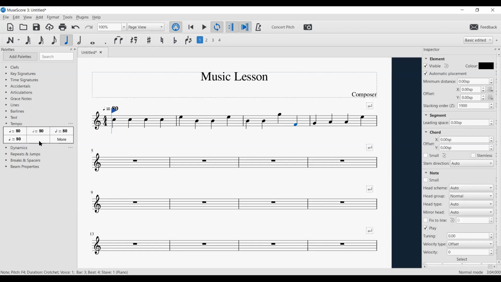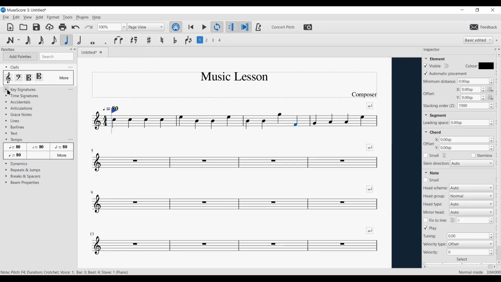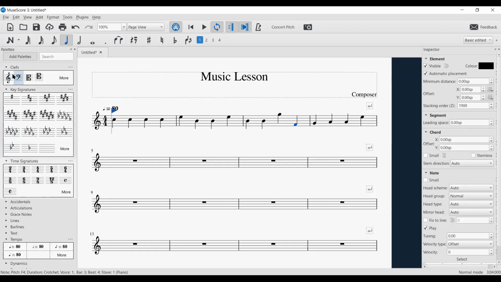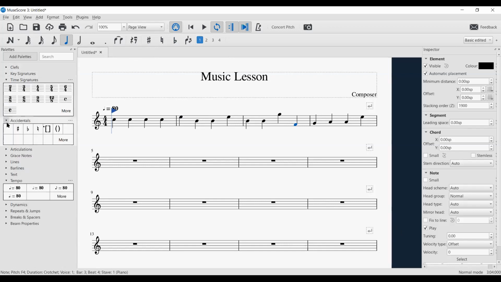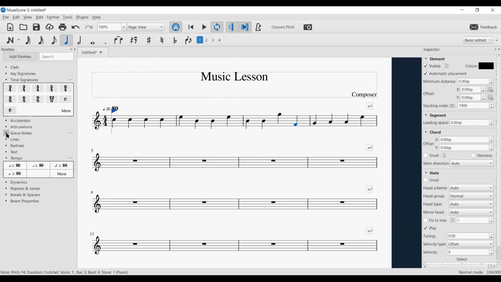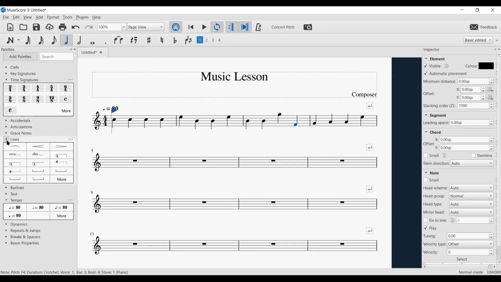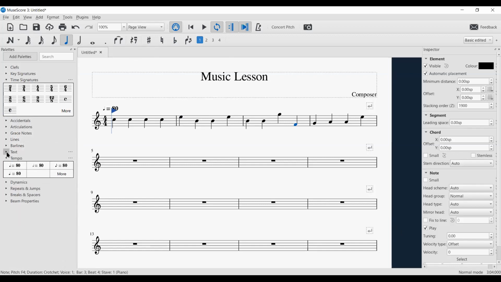Tie. Let's see where we can find that. Print properties now. Okay, let's add something in.